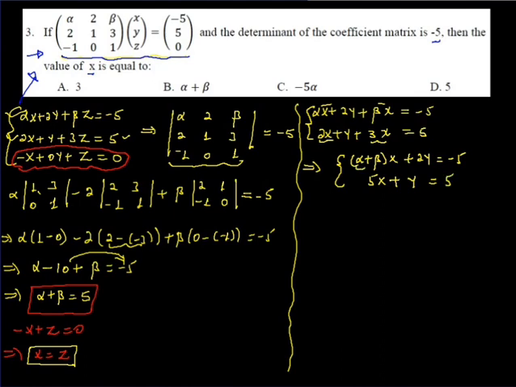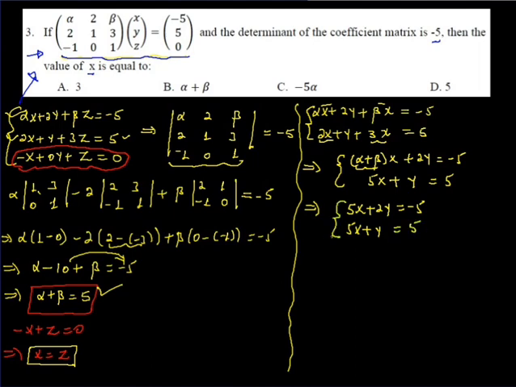Now in place of alpha plus beta, you can use 5. So this system becomes 5x plus 2y is equal to minus 5, and 5x plus y is 5.